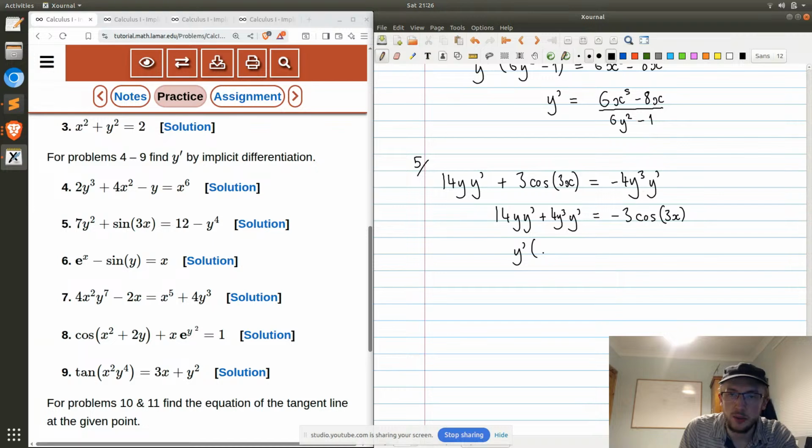I can factor out y prime to get 14y add 4y cubed. And I could actually just make that the denominator straight away, if I sort of do it like this.